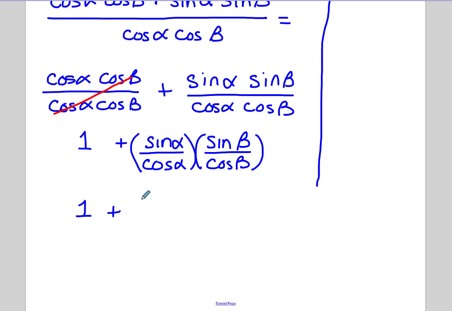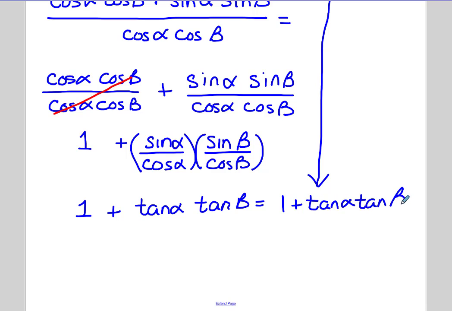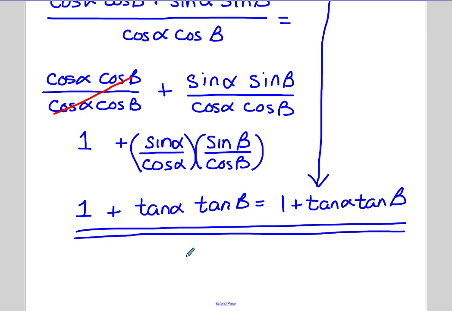This is the tangent of alpha times the tangent of beta. So both the left and the right side are now in agreement, and we have demonstrated what we were asked to do. Show that they were equivalent, left and right side.